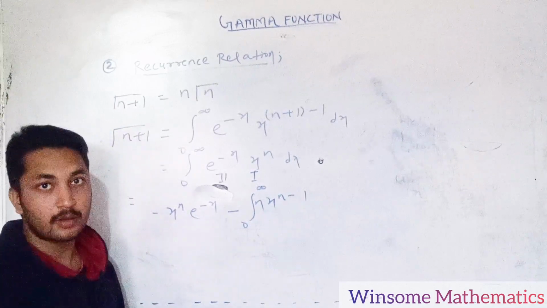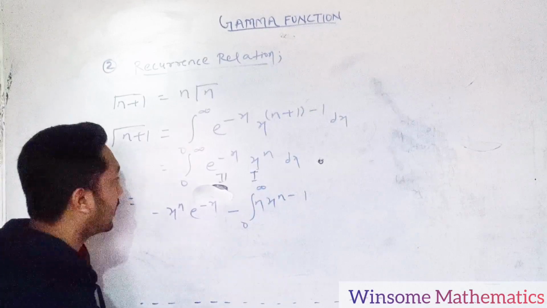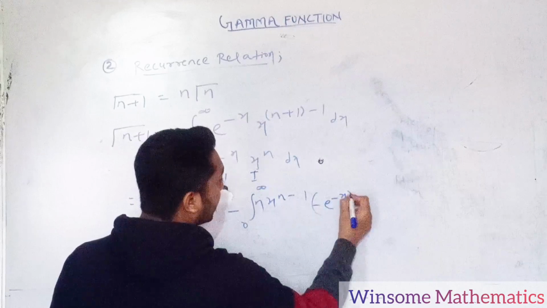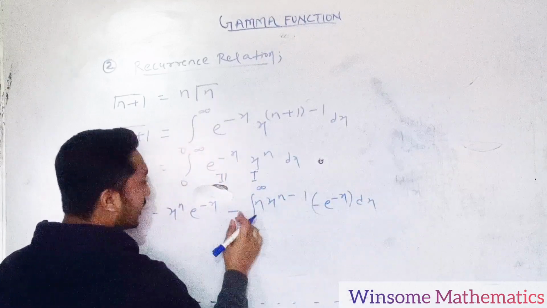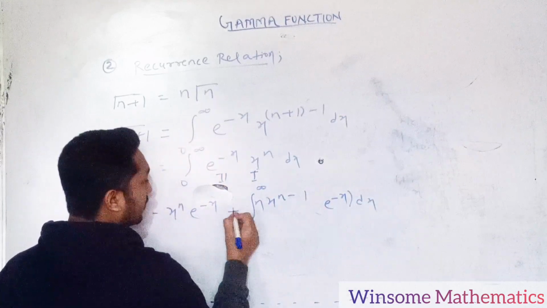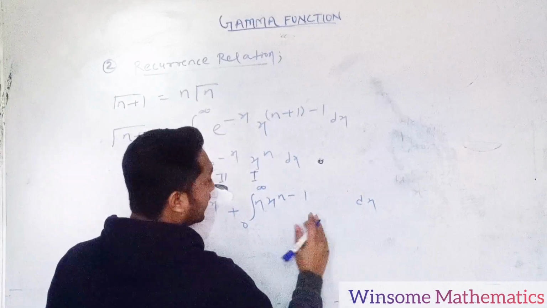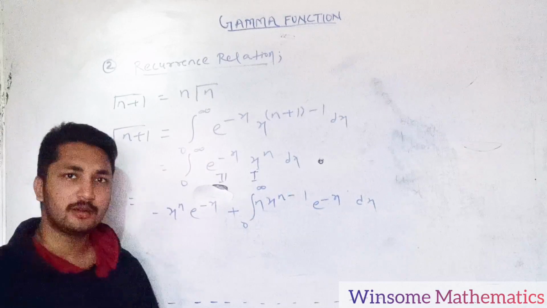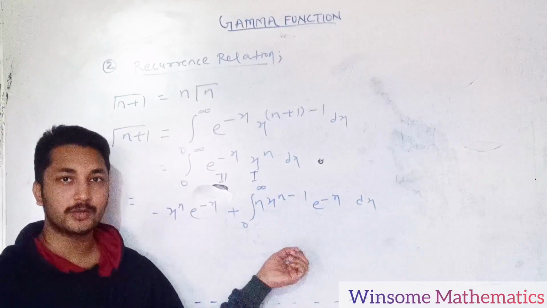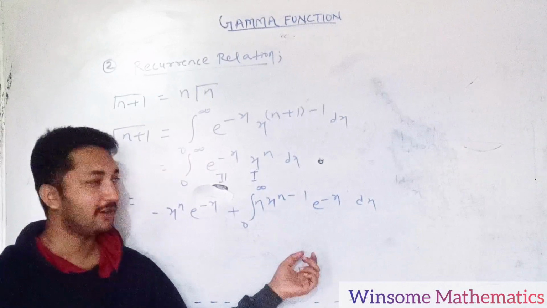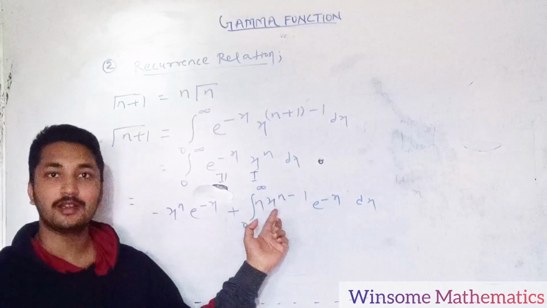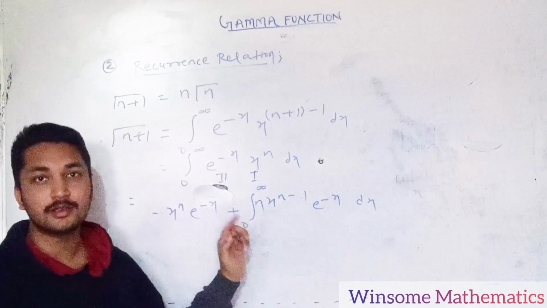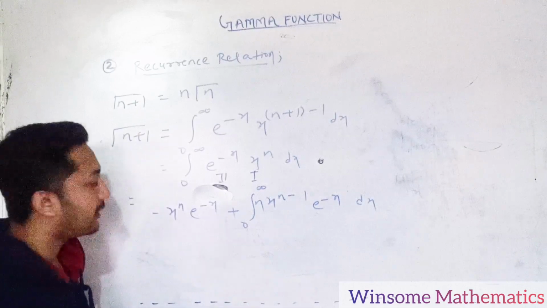Any problem? This is a simple formula. And the integral of e to the power minus x is minus e to the power minus x, and minus is multiplied, so minus minus becomes plus. And we can easily write it as e to the power minus x. Now something must twinkle in your mind: n is constant, n is in the power of x, not a variable here. So we can easily take n outside the integration.